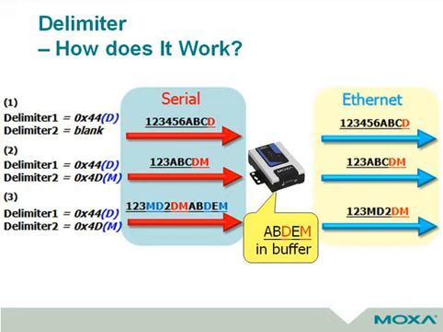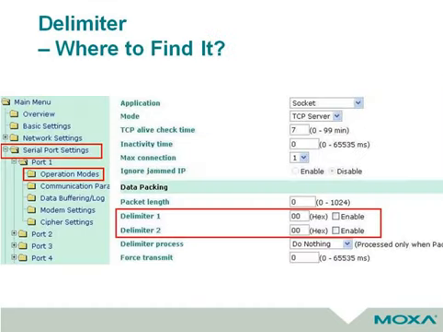As you can see in example 3, the same setting is DM. The serial port will keep the characters ABDM in the buffer of NPort, and then send out that part of the serial data to Ethernet. NPort provides several ways to configure settings. Web console is one of them.